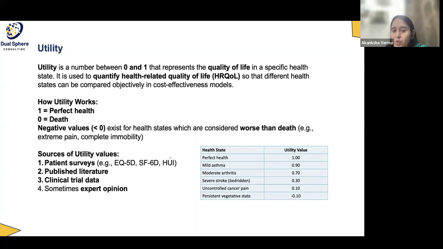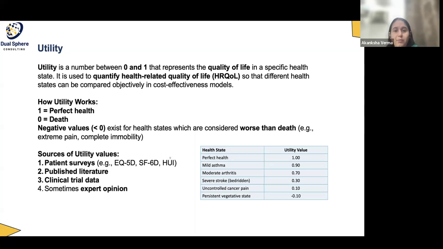Okay, it is used to quantify health related quality of life so that different health states can be compared objectively. As I mentioned, within diabetes, you have non-diabetic, you have pre-diabetic, you have diabetes, and then you have advanced conditions of diabetes, right? So each of these states is different, the severity is different.